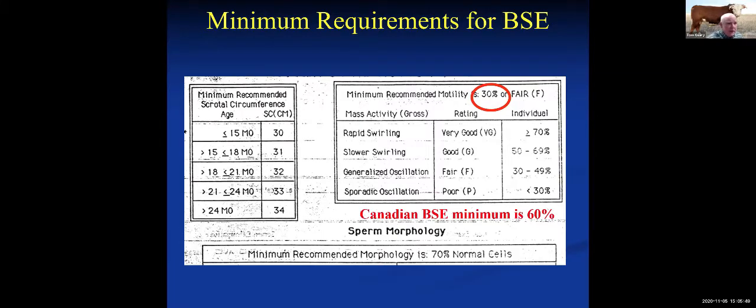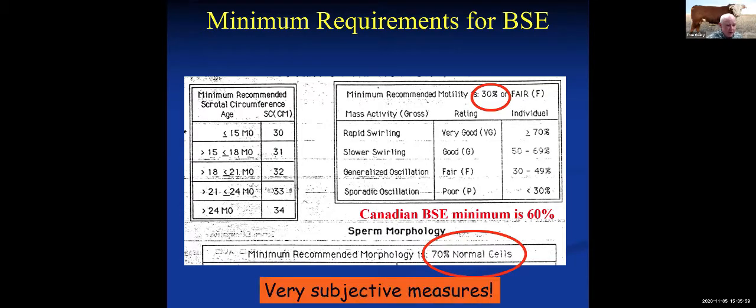The Canadian breeding soundness exam has a minimum motility score of 60%. The 70% normal cells, as far as morphology goes, is a fair rating, but these are also very subjective measures. And so what I see when I look in a microscope and what somebody else sees when they look in a microscope could be 2 different things.